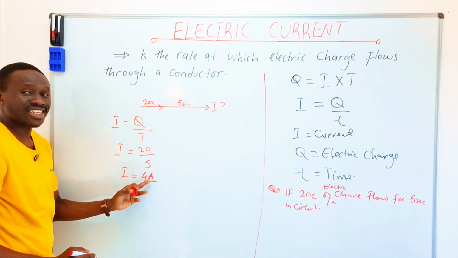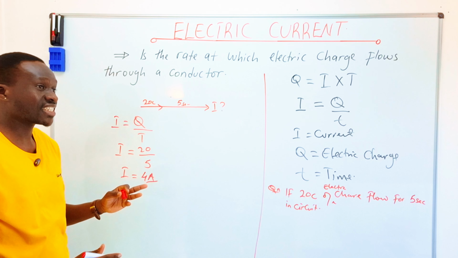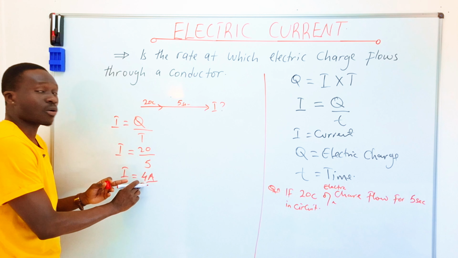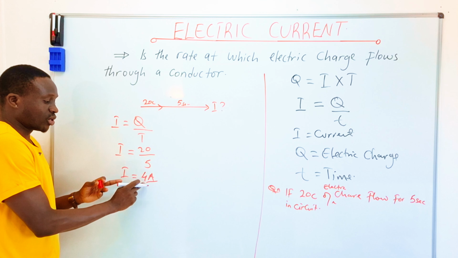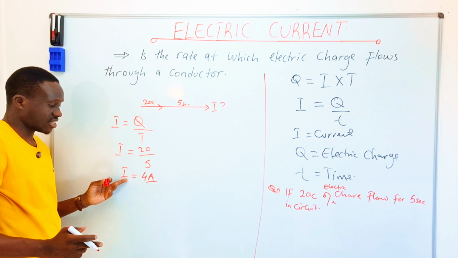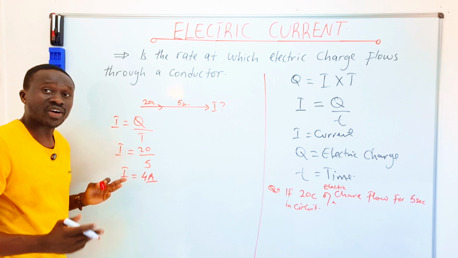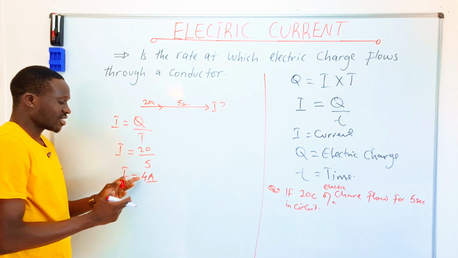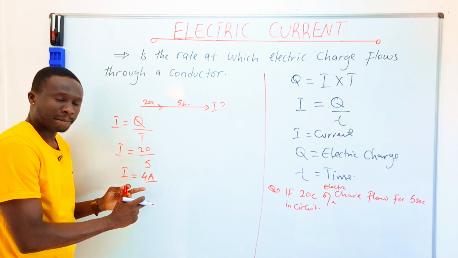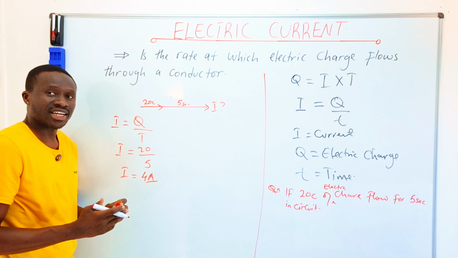Never forget these SI units, the international standard unit. If you put only 4, we don't know what the 4 is. Someone may say this is inverter because of I. But once you put an SI unit on your answer, please, if you're a student, never forget the SI units.